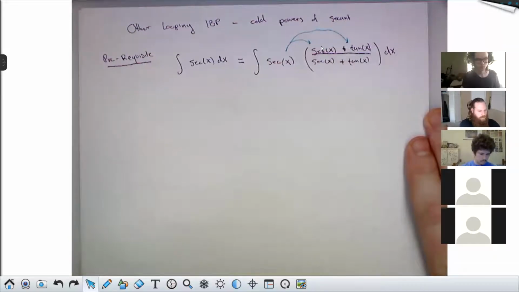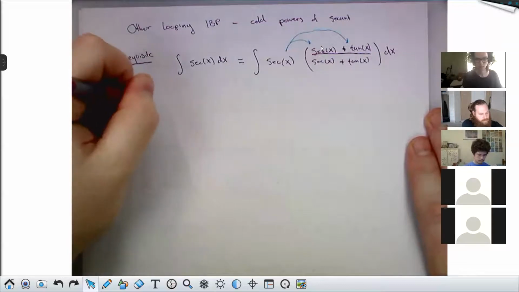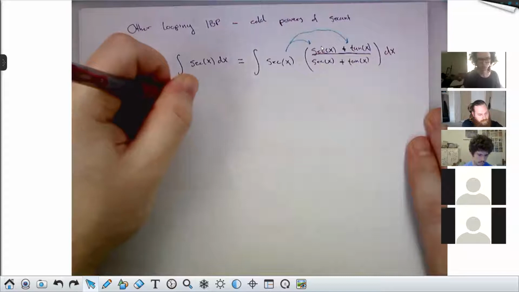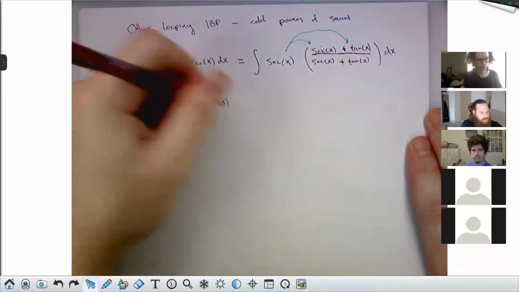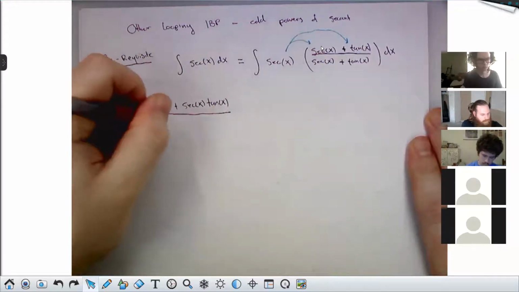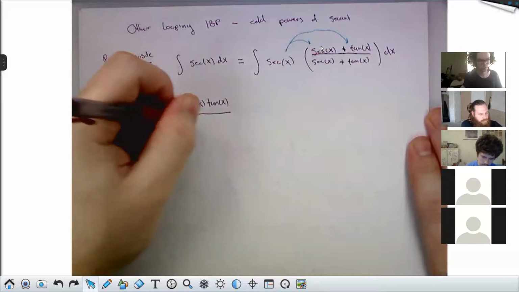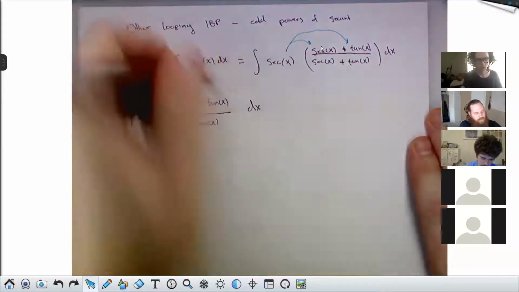The result being the integral of secant squared x plus secant x tangent x all over secant x plus tangent x dx.